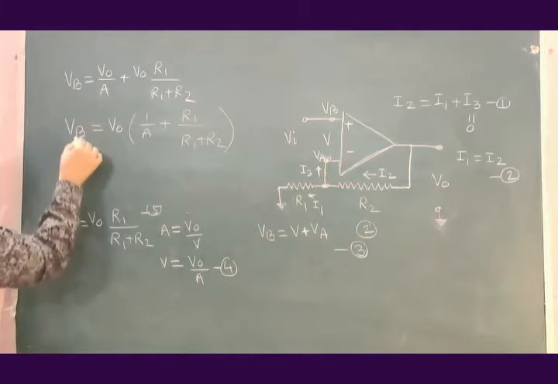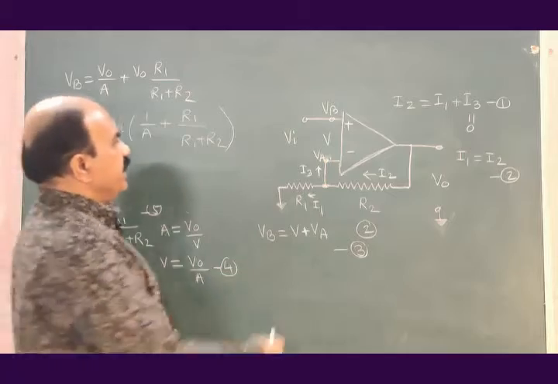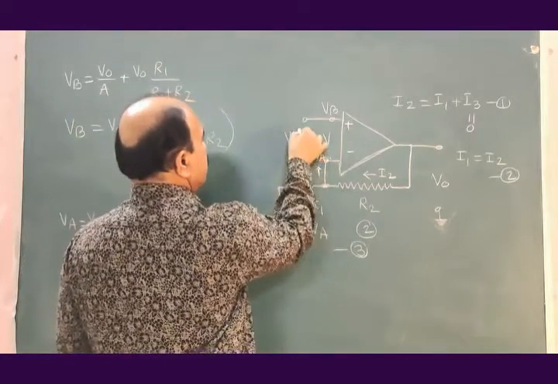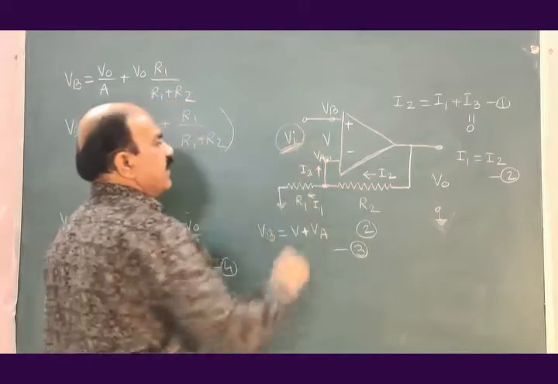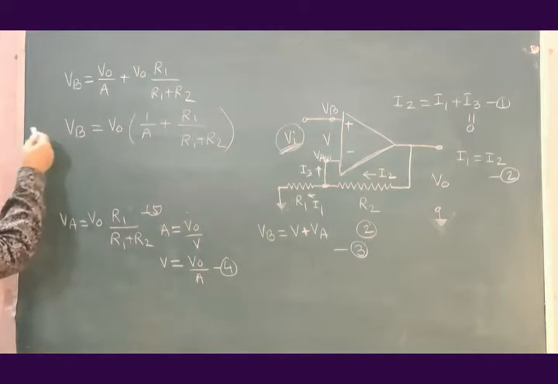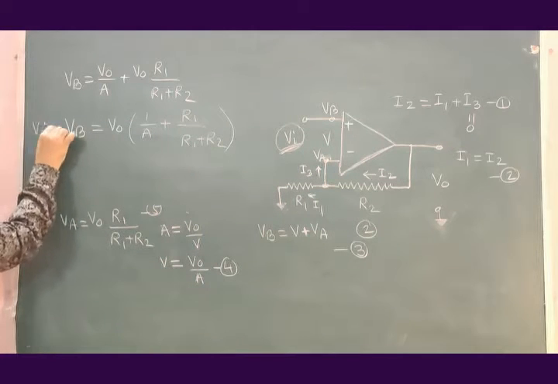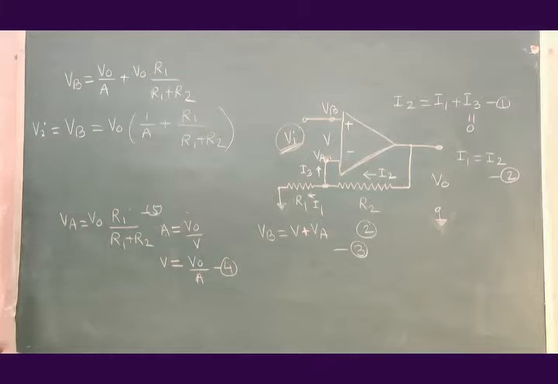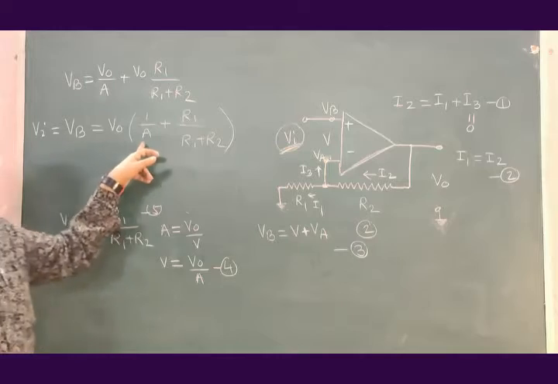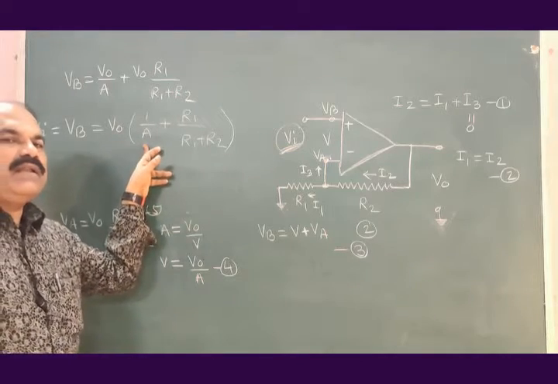VB. But what is VB? This VB is nothing but this VA, and so let me write Vi for this VB. Vi is equal to Vo into this. What is the open loop gain?